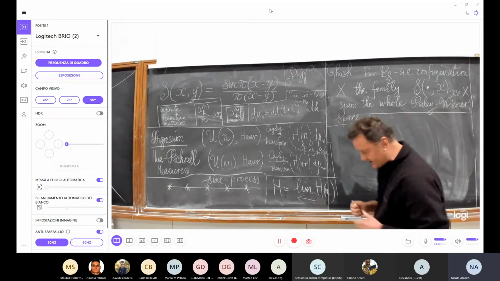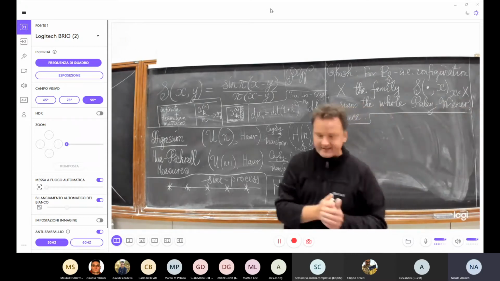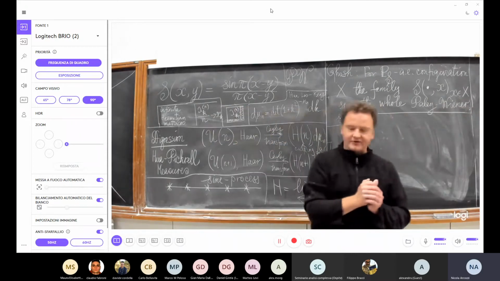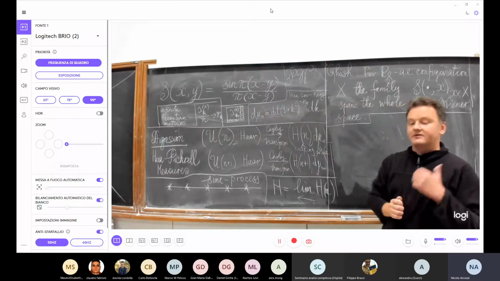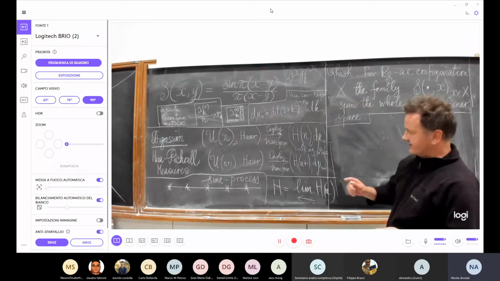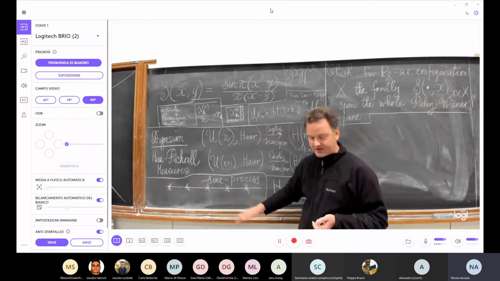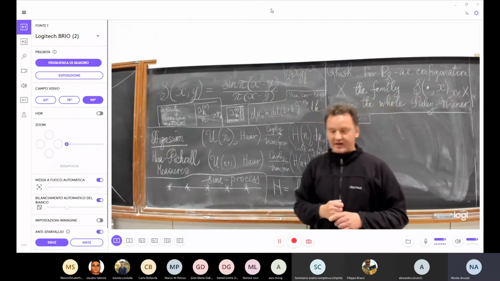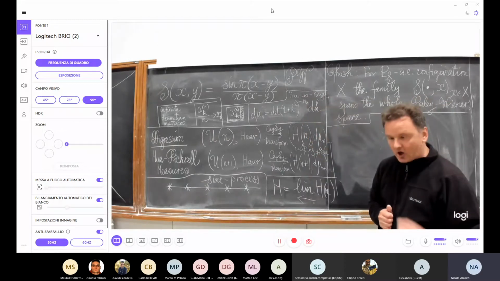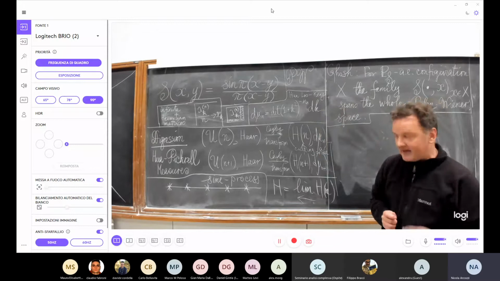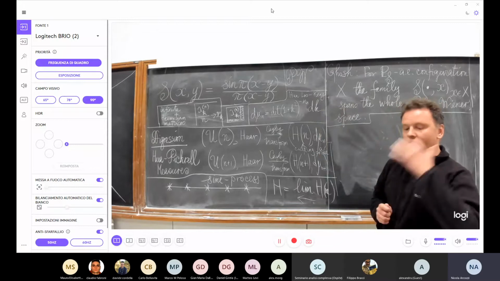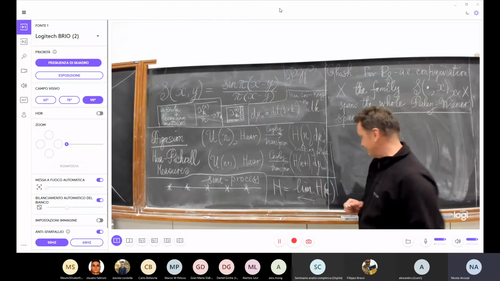So, in other words, this set is a set of uniqueness for the Paley-Wiener space. That is to say, there does not exist a Paley-Wiener function which is zero at all these points.